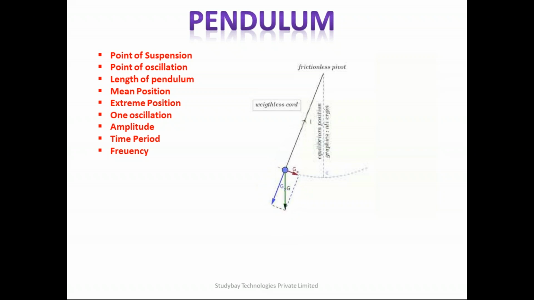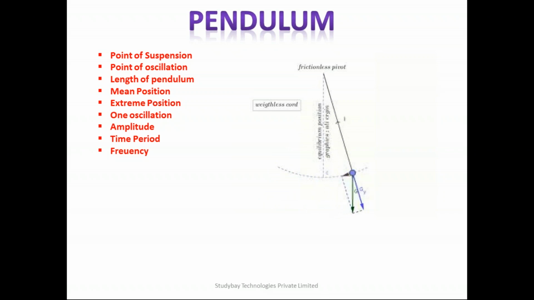The amplitude is the maximum displacement by a pendulum, or the maximum distance away from the given mean position. Now time period. Time period is how much time the pendulum takes to complete one oscillation. All right, that is called time period.